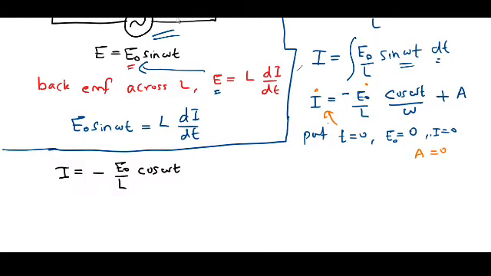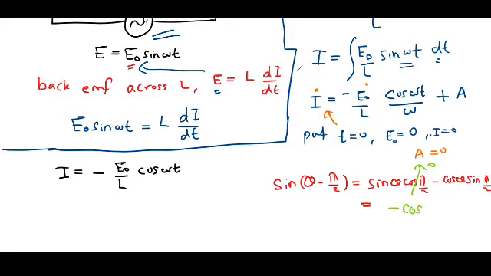Here, I would like to bring your attention to an identity that you have already learned, the sine of theta minus pi by 2. Apply the sine A minus B relation, that is sine A cos B minus cos A sine B. Cos pi is equal to 0, cos pi by 2 is equal to 0. Therefore, this will be minus cos theta, because this quantity is equal to 1.